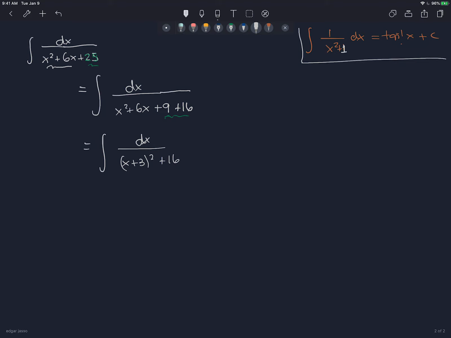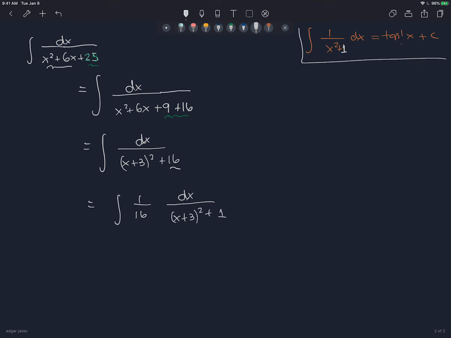So what I need to do is one more step where I'm going to factor a 16 from this 16 here, because I want to make it a 1. So how do I make it a 1? I'm going to factor it out. So I'm going to have the integral of 1 over 16 of dx over x plus 3 quantity squared plus 1, right?